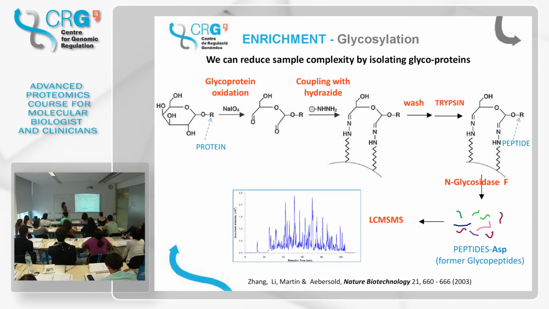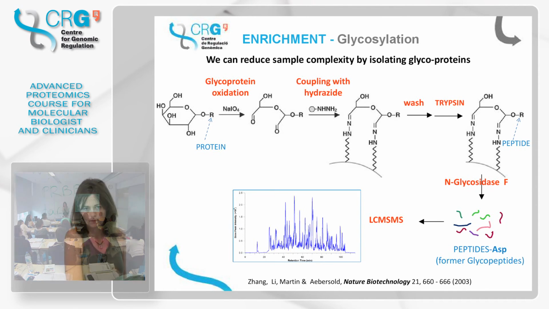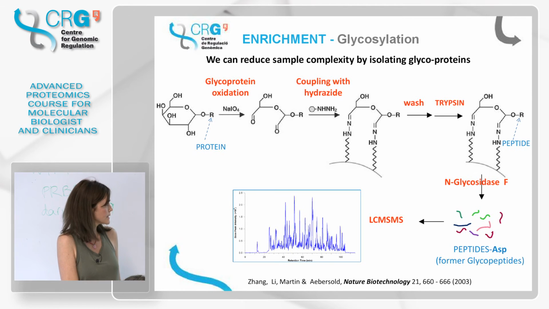This would be the asparagine attached to the sugar, and with the enzyme N-glycosidase F, we cut this bond, converting the asparagine into an aspartic acid. So we have a bunch of peptides with aspartic acid. Each one of these peptides belonged to a glycoprotein initially. So now this is ready to be analyzed by mass spectrometry.